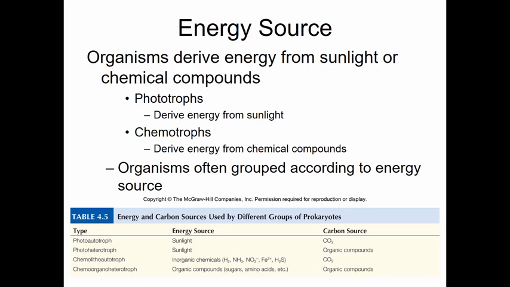If you see the word chemoorganoheterotroph, it's organic for the energy and organic for the carbon source. You will not always see that organo in there. You may just see chemoheterotroph, because all of these heterotrophs need organic carbon, okay? So if it just says chemoheterotroph, it's organic energy, organic carbon.